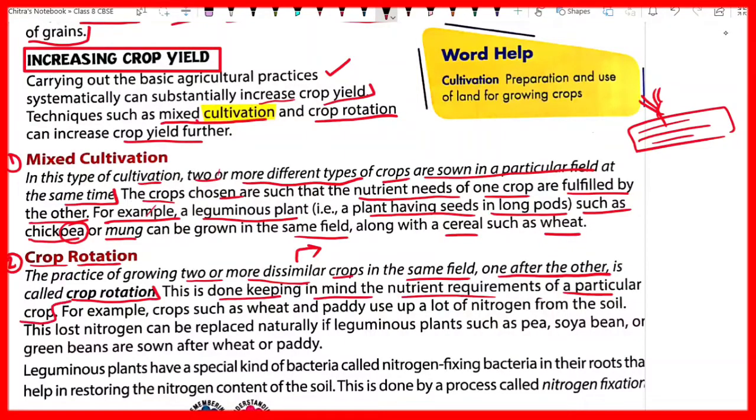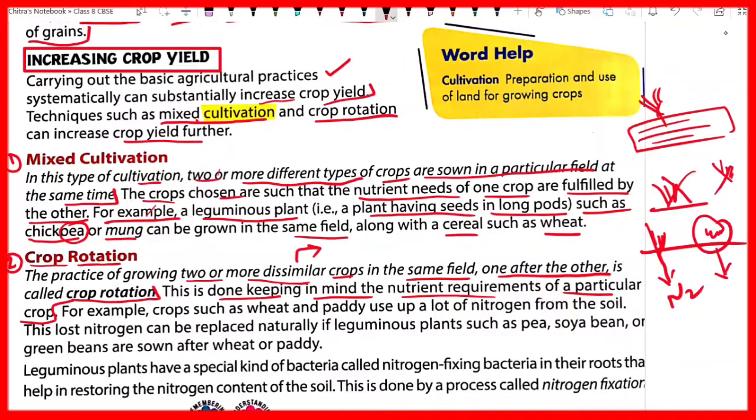We have to keep in mind that we should not sow the same kind of nutrient-absorbing plant. Suppose we sow rice in one season and wheat in the other season, not like that. We should sow rice in one season and a leguminous plant in the other season, because rice requires more nitrogen.